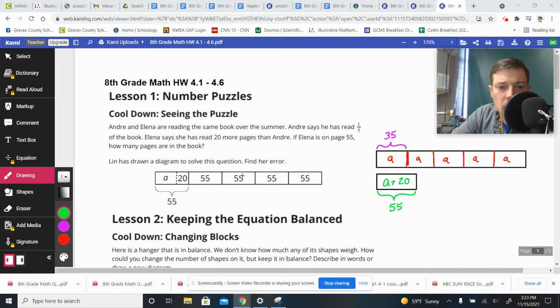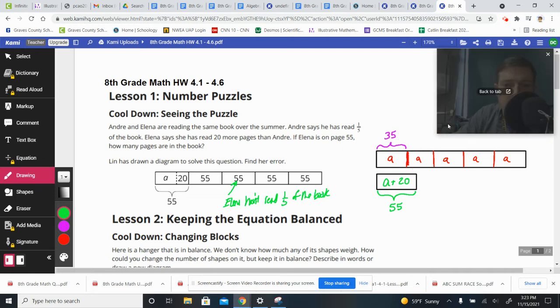But she's making all of that fifth be 55, which is suggesting that Elena read a fifth of the book because she's at 55. So the problem with her diagram is that Elena hasn't read one fifth of the book.